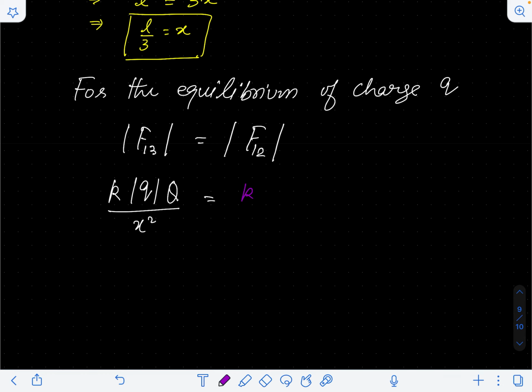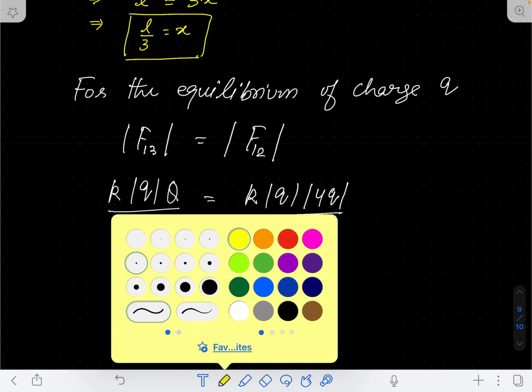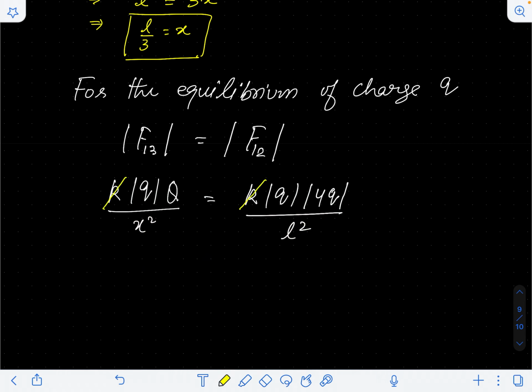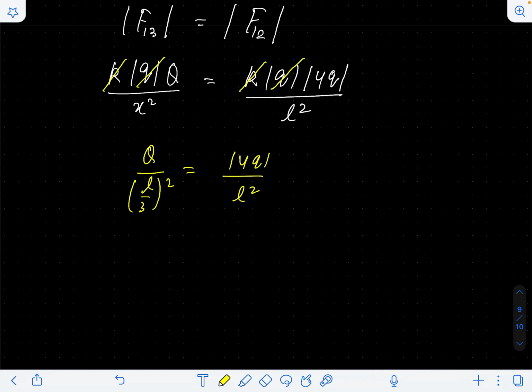So here k q 4q divided by L square. Let's solve this. The k's cancel each other, and these terms cancel each other. The value of x is L by 3, we will use this value. So Q upon (L by 3) square equals 4q upon L square.